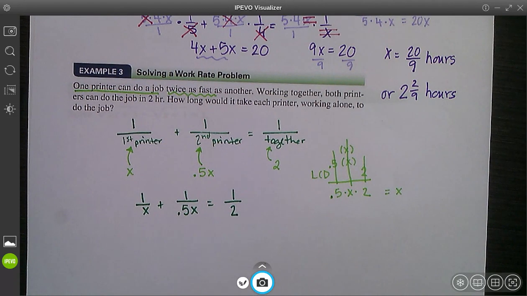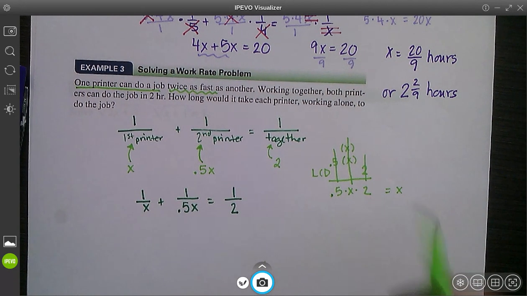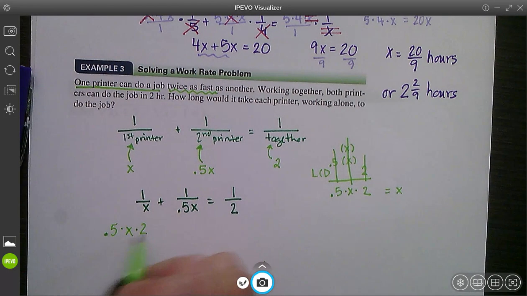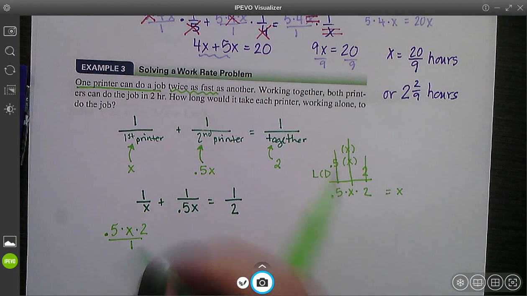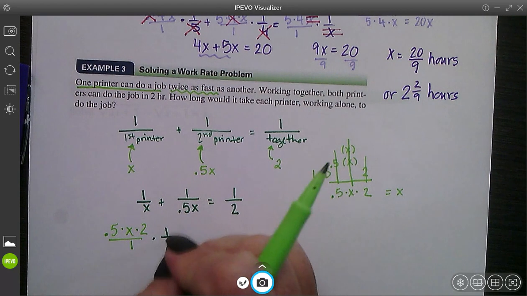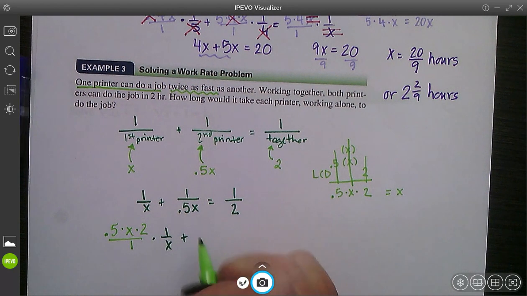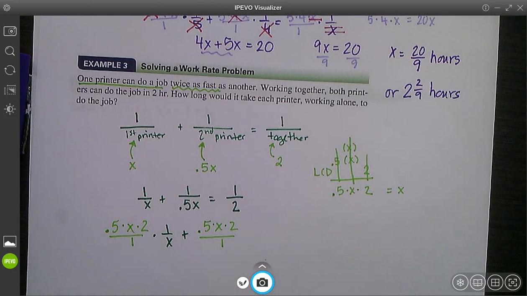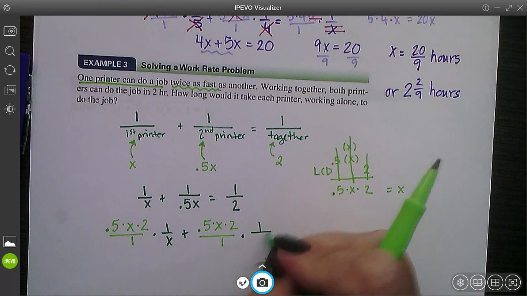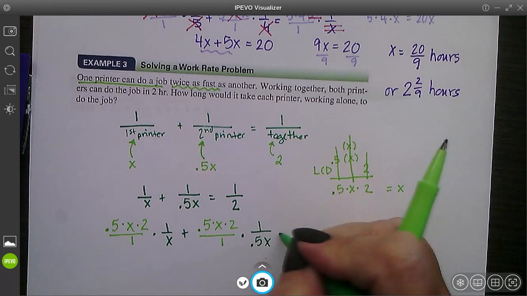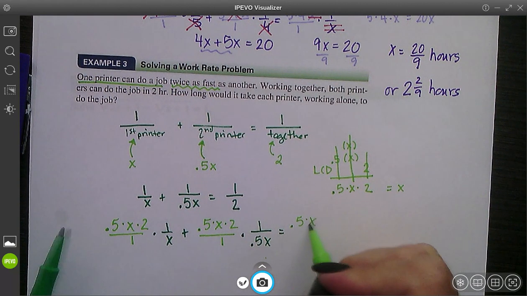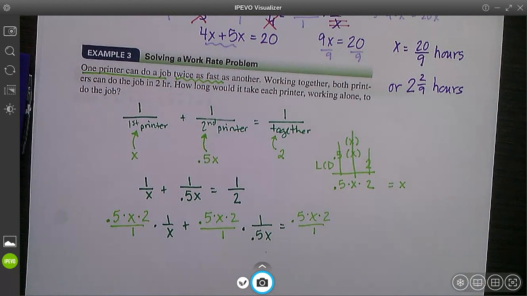But I'm going to go ahead and multiply each term by 0.5 times x times 2 over 1: times 1 over x, plus times 1 over 0.5x, equals times 1/2.